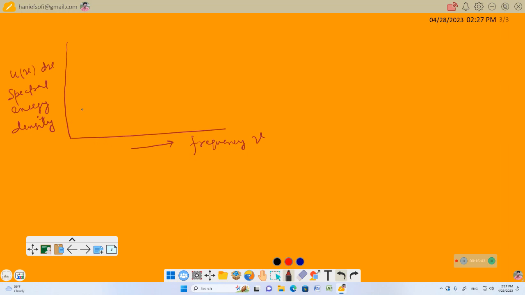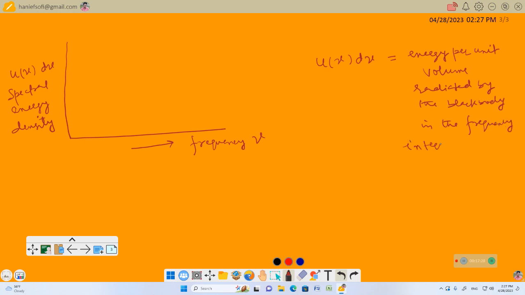First, let me clear this quantity. This u of nu d nu, which is called the spectral energy density, is by definition the energy per unit volume, which is energy density, radiated by the black body in the frequency interval from nu to nu plus d nu.